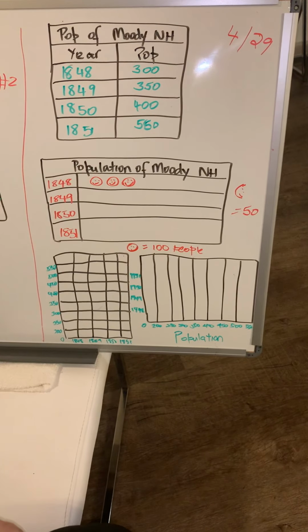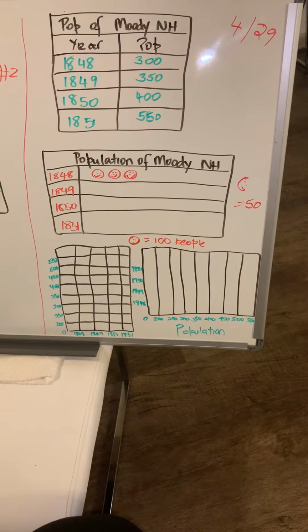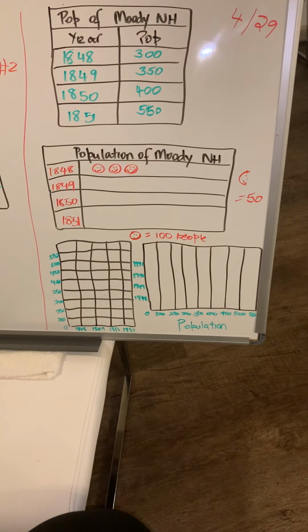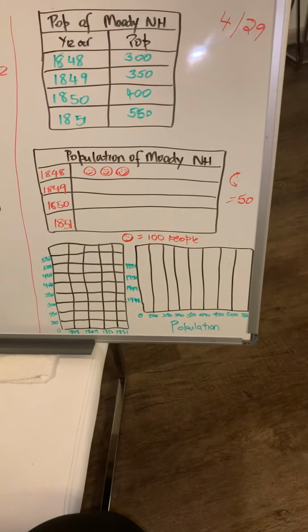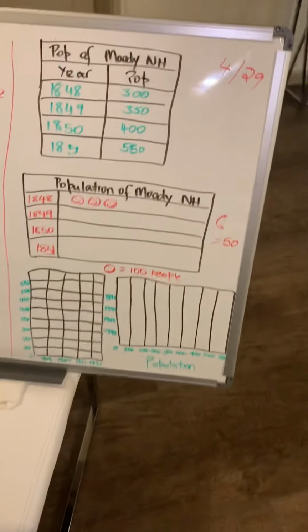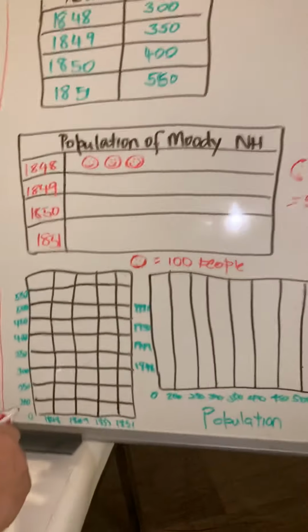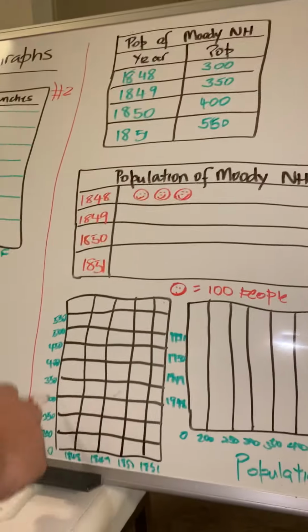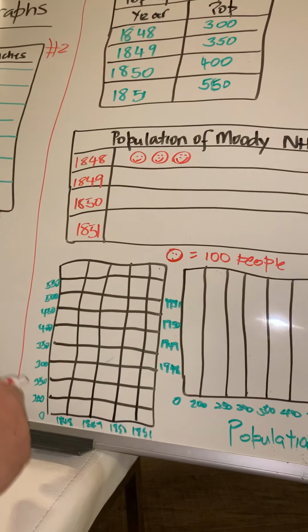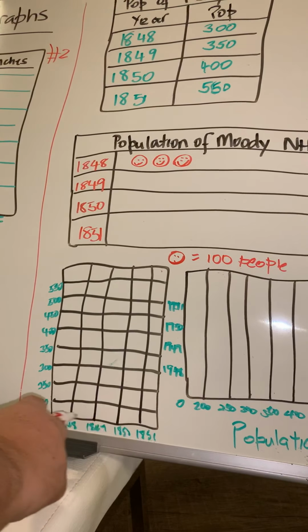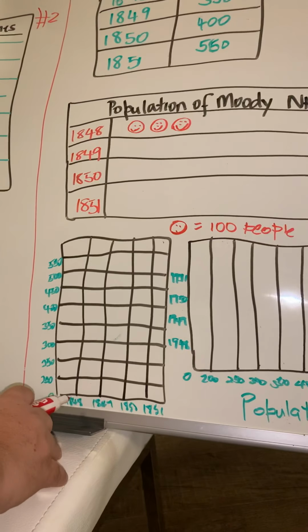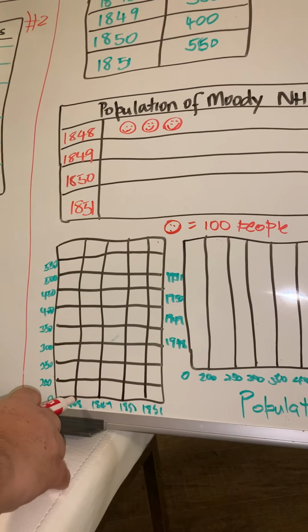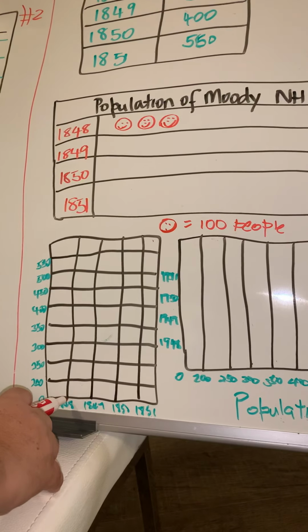The line graphs are different, and I know some of you got the whole concept of line graphs a little bit better when we were working on coordinate graphs, because it's very similar. So the population is now represented going on the up axis, and the years are represented going across. In 1848, we had 300 persons.